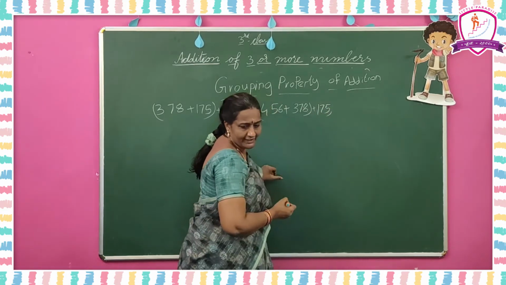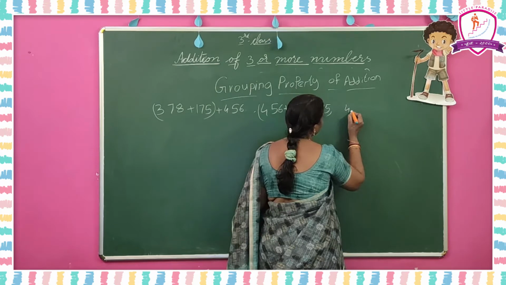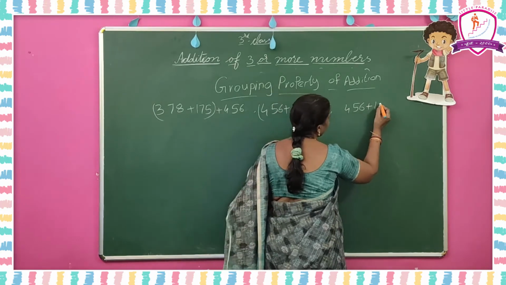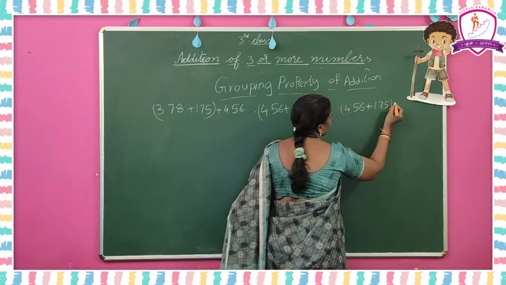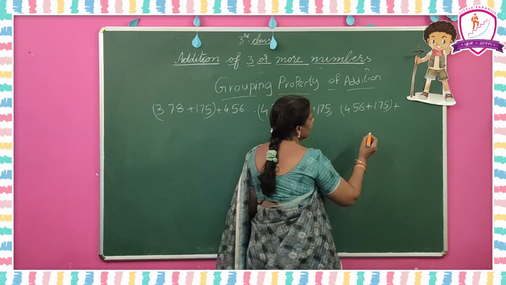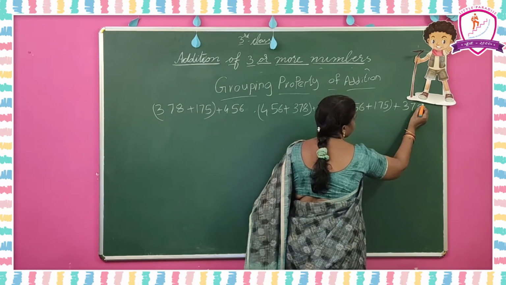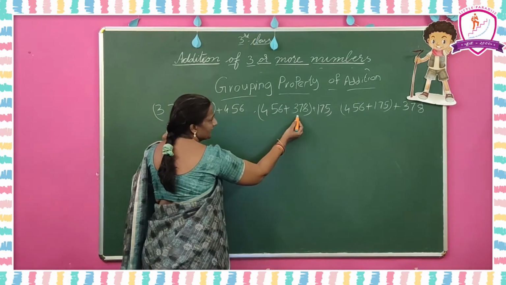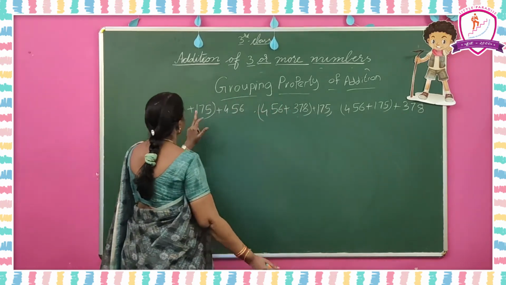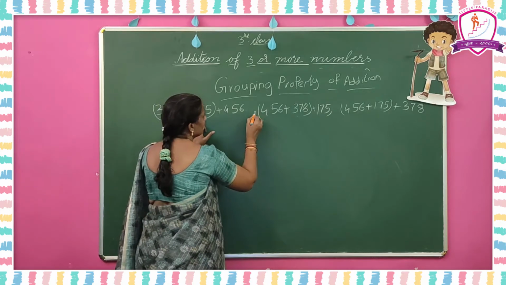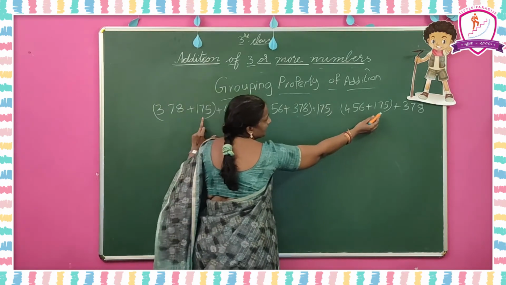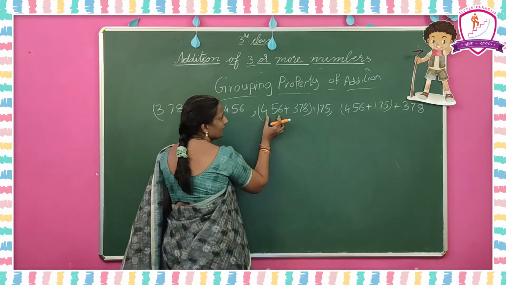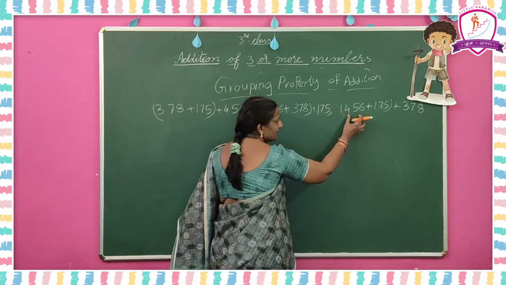The third order: 456 plus 175 plus 378. Here the numbers are same. 378 is in this number, here also 378, in this also 378 is there. 175 is here, 175 also here, and 175 also here. 456 is in this, in this also, and in this also.